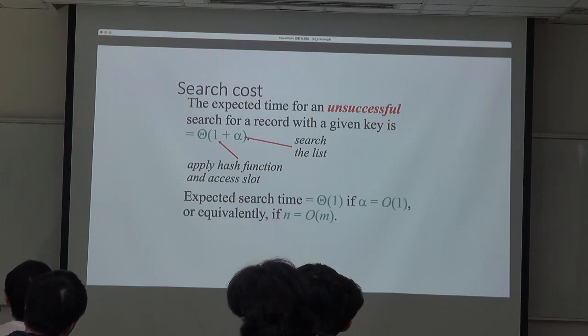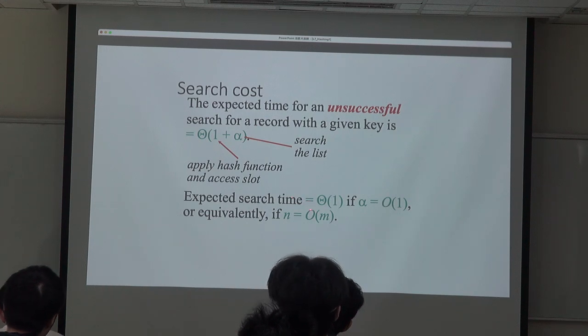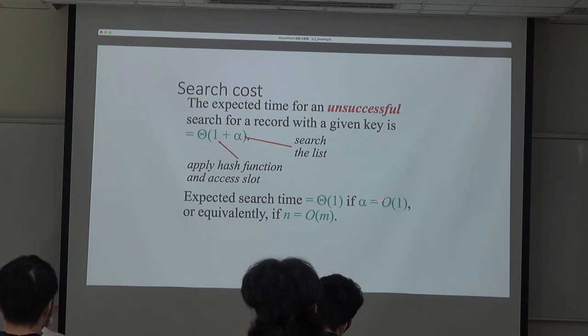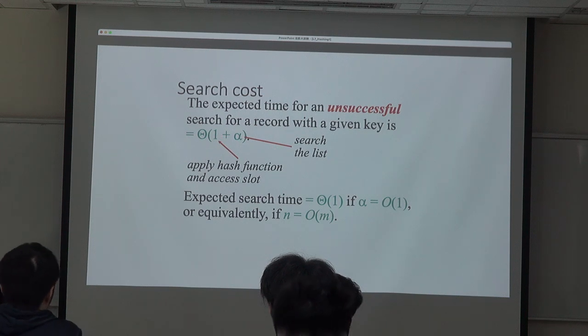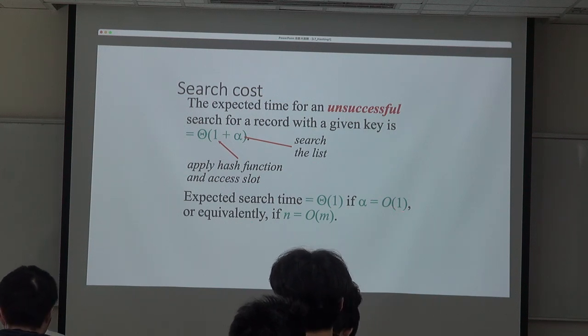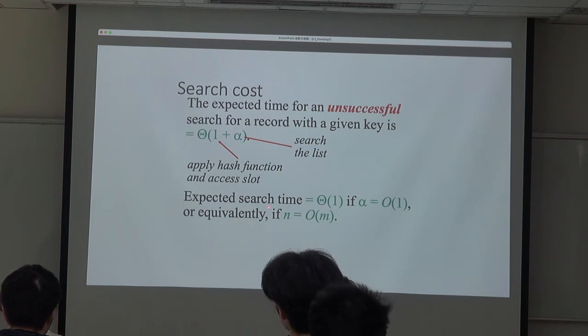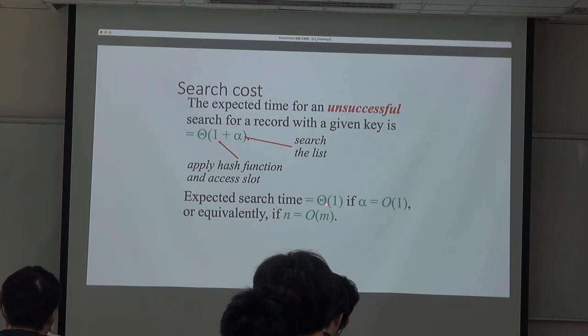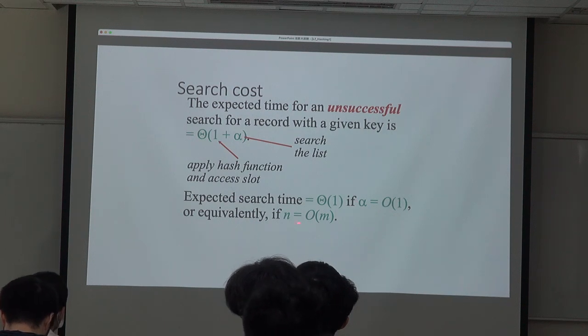But the expected search time is theta 1 if alpha is big O 1. Obviously, because according to this formula, if alpha is constant, or at least it's not big, or equivalently, if n is big O of m, because alpha is defined to be the ratio of these two numbers.